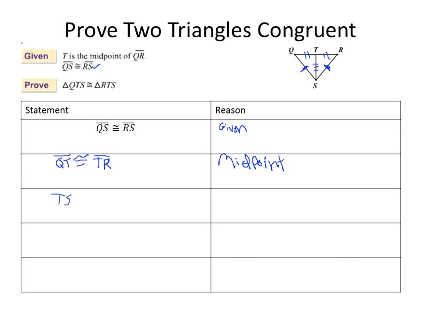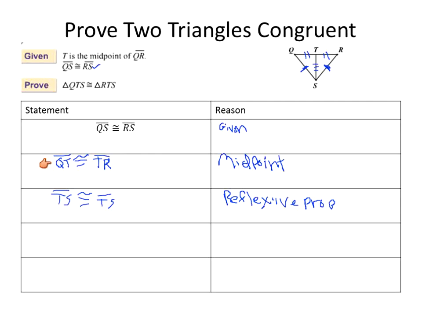So I can write TS is congruent to TS because of the reflexive property. When something is equal to itself, it's always the reflexive property. Okay.